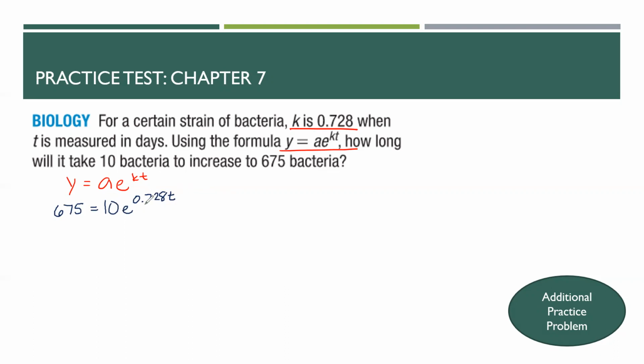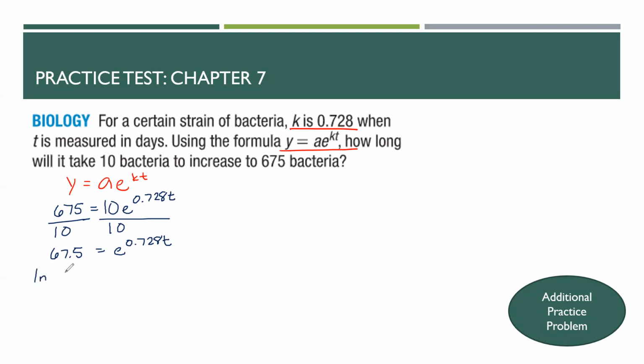So we need to get this e by itself. We're going to divide both sides by 10. So we end up getting 67.5 equals e to the power of 728 thousandths times t. So then we're going to use the property of equality here.